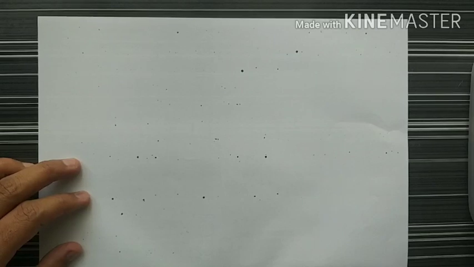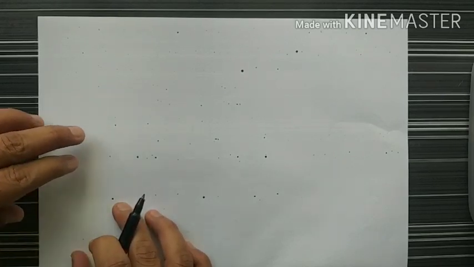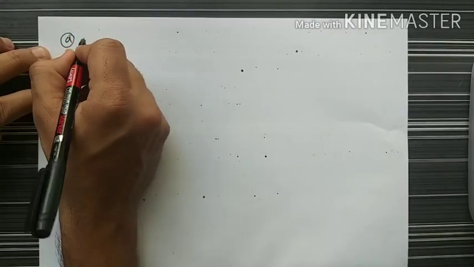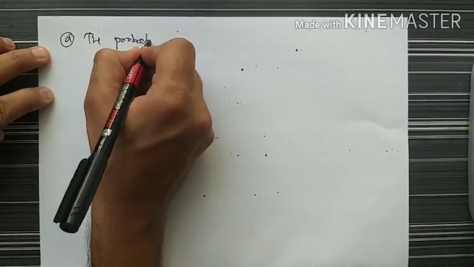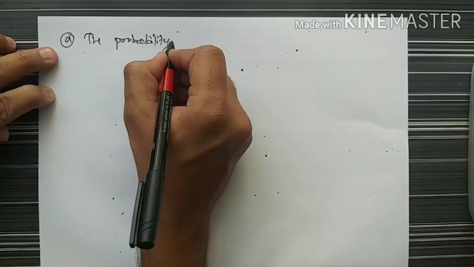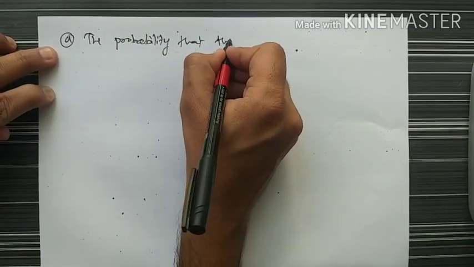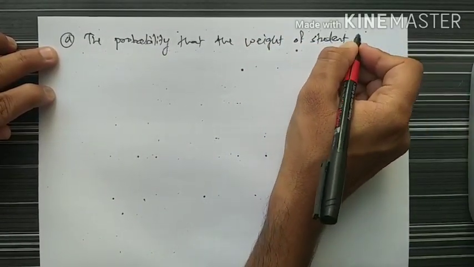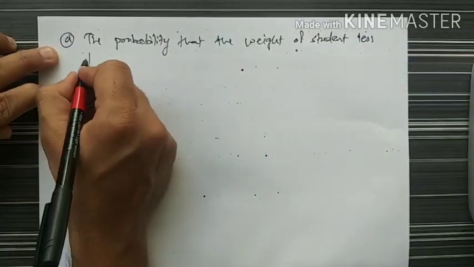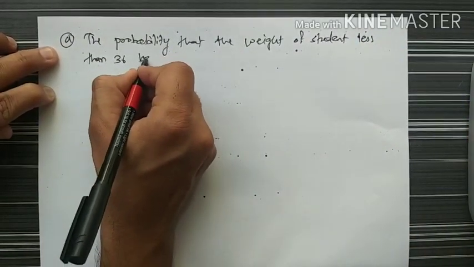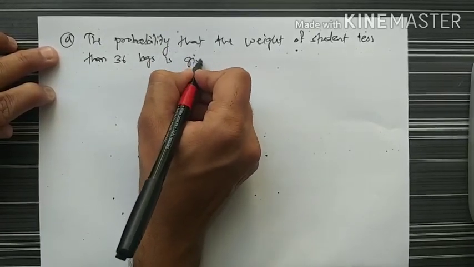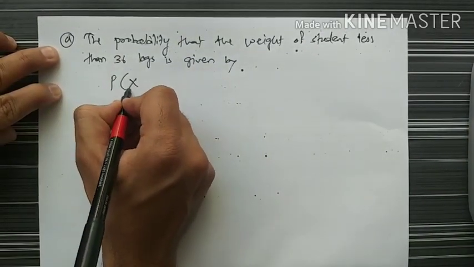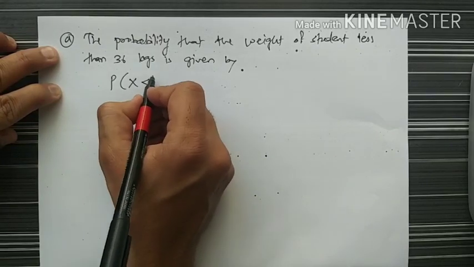First we have to find the probability that the weight of a student is less than 36 kg, that is, the probability that X is less than 36.